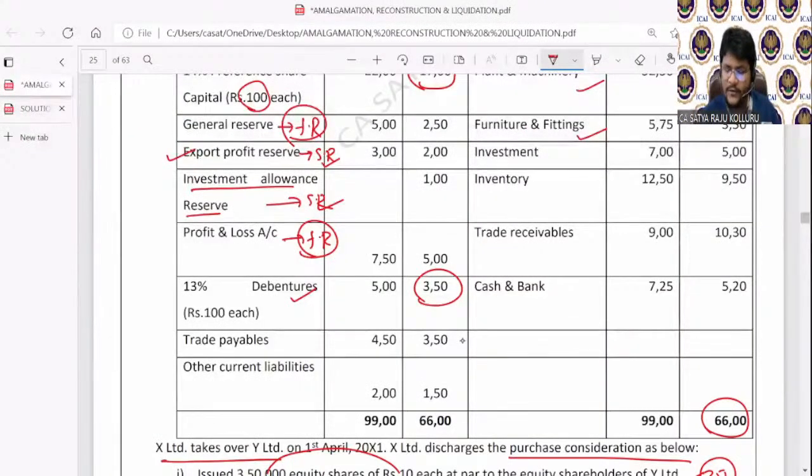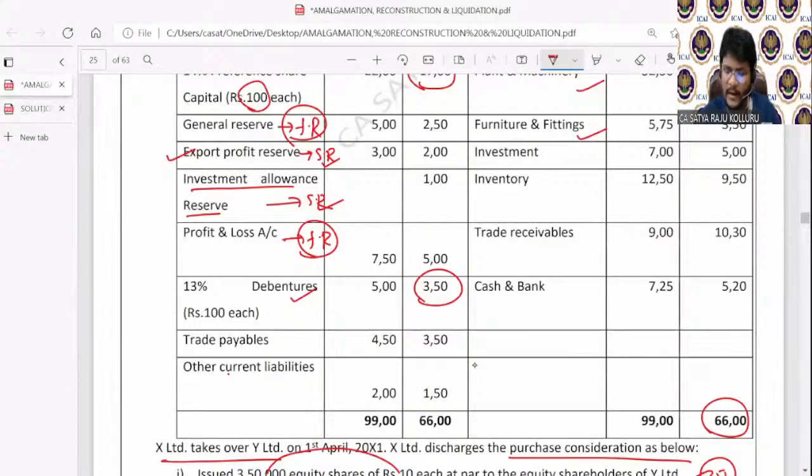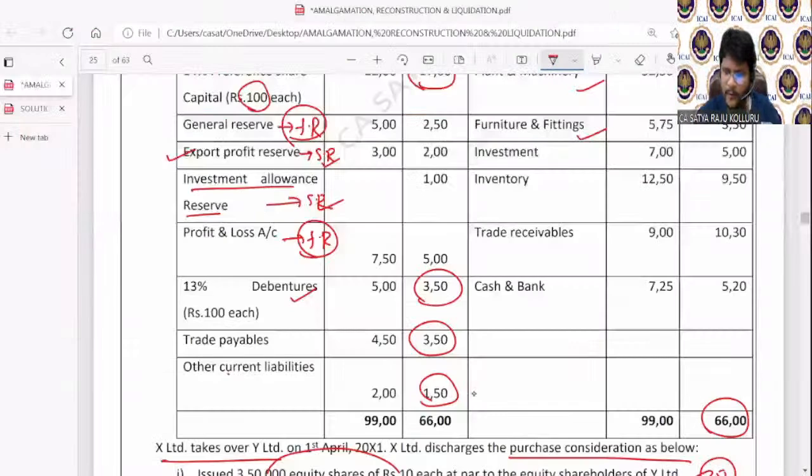The next liability is trade payables, taken over at book value, 3,50,000. Other current liabilities, 1,50,000. So these are the liabilities. Do you agree, all of you?